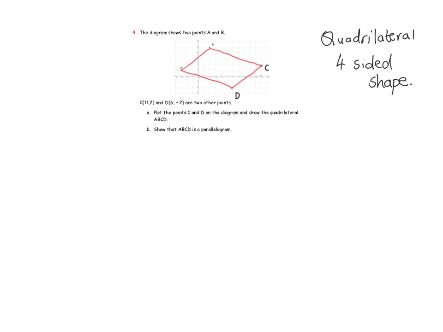The second part says, show that ABCD is a parallelogram. Now, for a parallelogram, the opposite sides are the same length. So we'll have to show that the opposite sides are the same length.